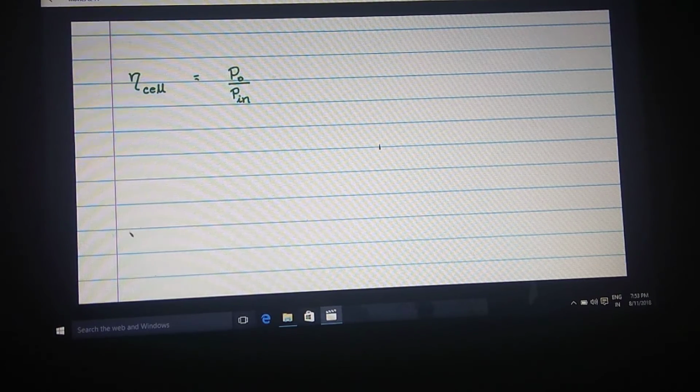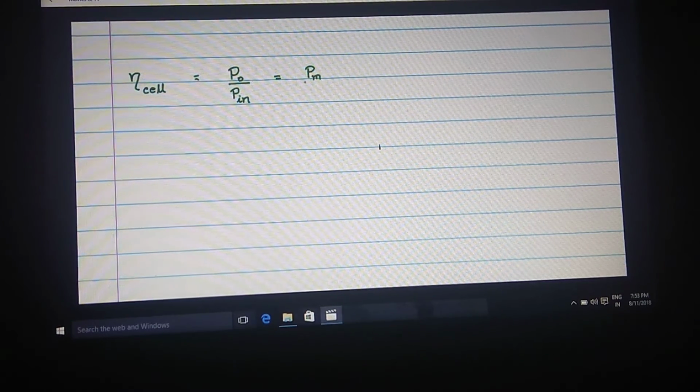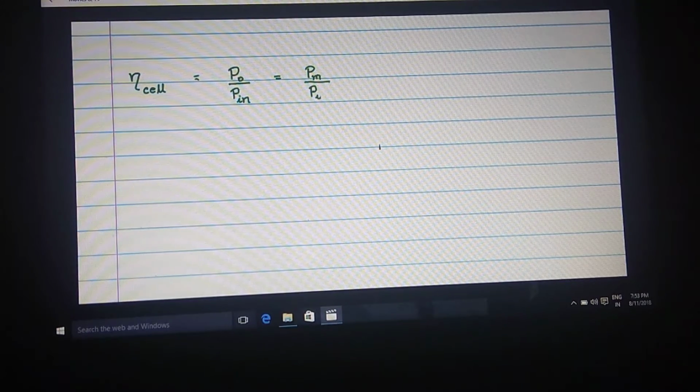Therefore, the cell efficiency, I'll call it efficiency subscript cell, is given by the output power delivered by the PV cell to the incident input solar power. The output power at the peak power point is named PM, we know that, divided by Pin.